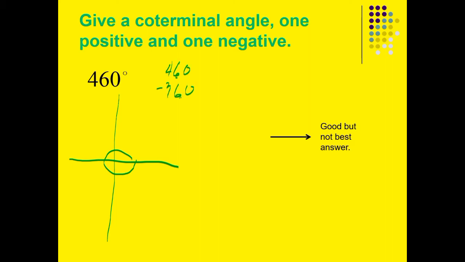We have remaining value 100. So now we have 100. So we have now the terminal side here. So if this is 90, so this is 10. Okay, so we now have 100 degrees.